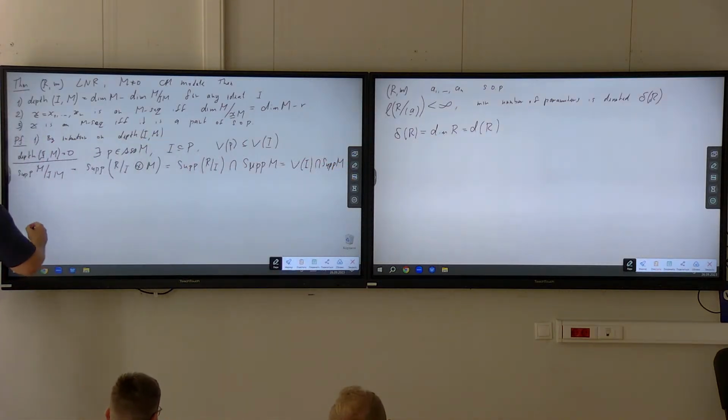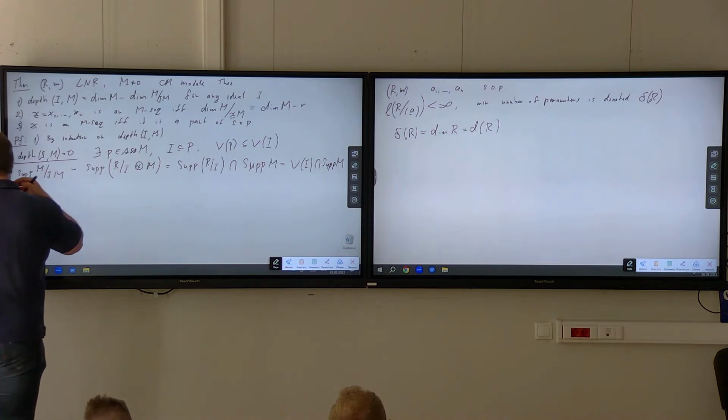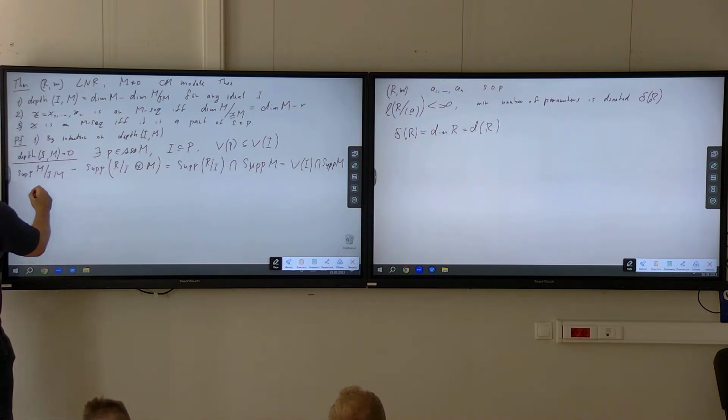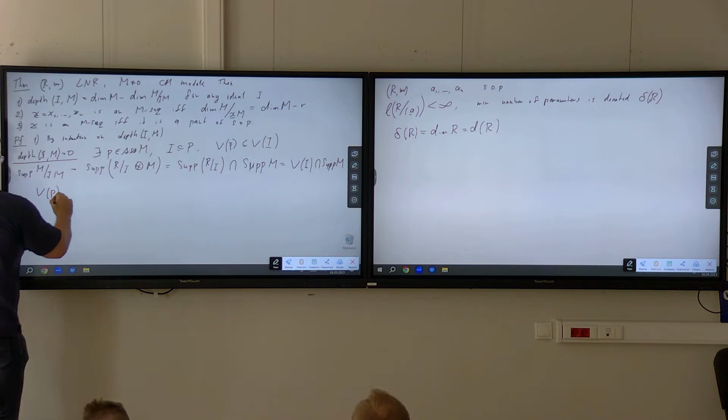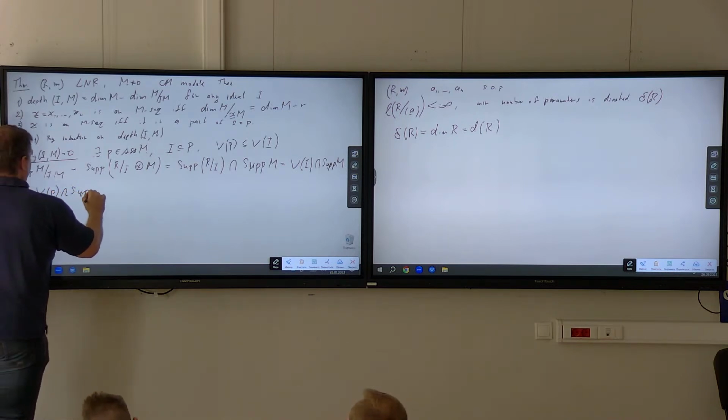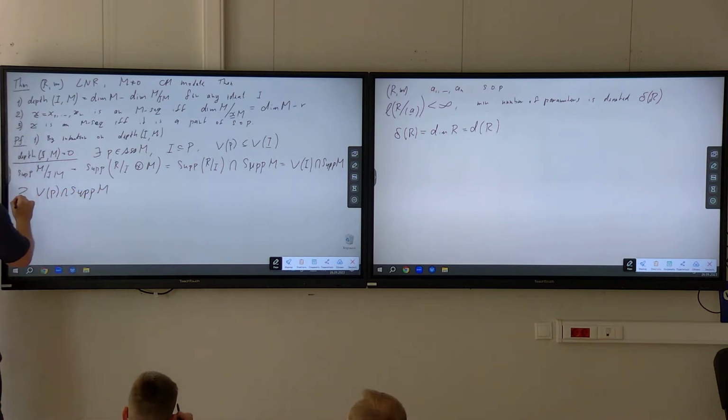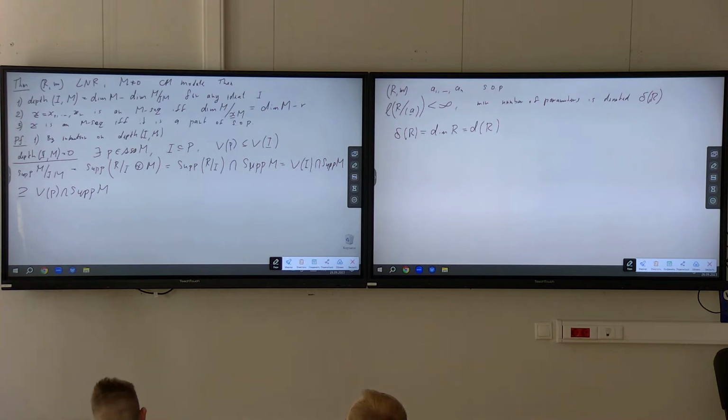Okay, but well, we know that V of P intersect the support of M is contained in this support, right?